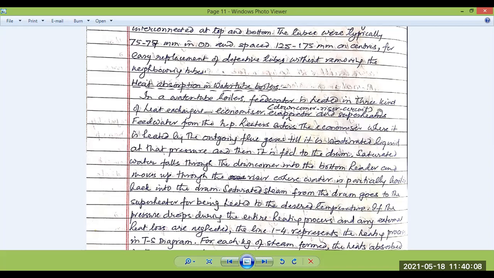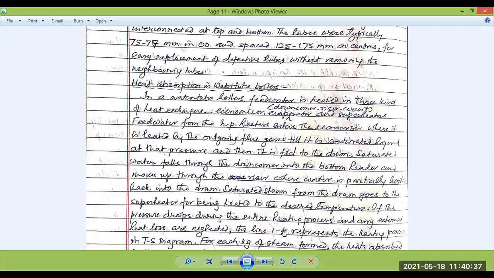Now, feed water from the high pressure heaters enters the economizer itself. When the feed water is received from the high pressure heater, it goes into the economizer, where it is heated by the outgoing flue gases. It is heated until it is saturated liquid at that pressure, and then it is fed to the drum itself.